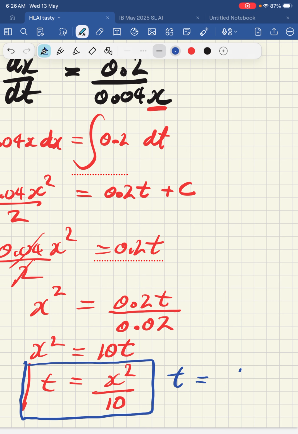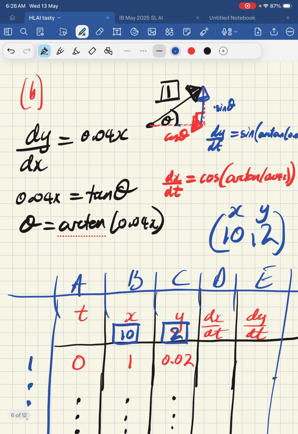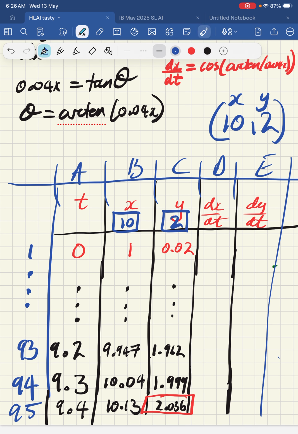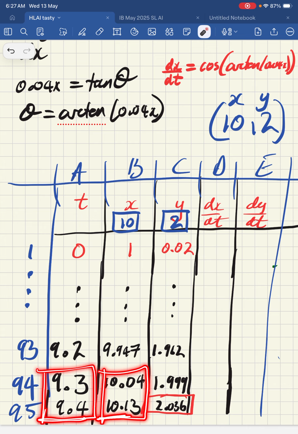So the water reaches an x coordinate of 10 meters. Oh, not 10 seconds, my bad. This is 10 hours, right? Whereas we know from our Euler's method, the snail will reach the 10 meters either here or here, and that is definitely before the 10 hours that the water takes. So that's really, really naughty.